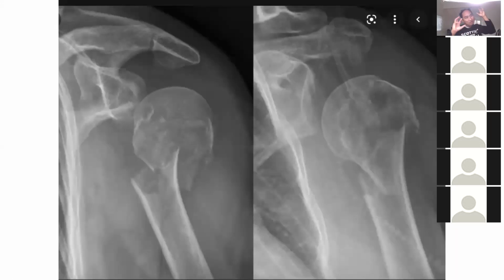So now we are trying to combine our knowledge: proximal, distal, medial, lateral, epiphysis, metaphysis, diaphysis, and a bone. So this is the proximal humerus fracture, easy.